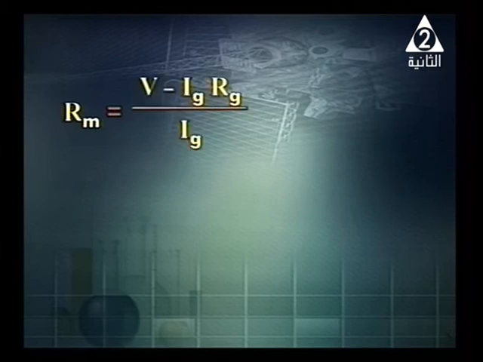Second part of the problem: we wanted to measure voltage. So we want to convert it into a voltmeter. We'll use the formula of the multiplier. Multiplier is equal to V minus Ig Rg over Ig.